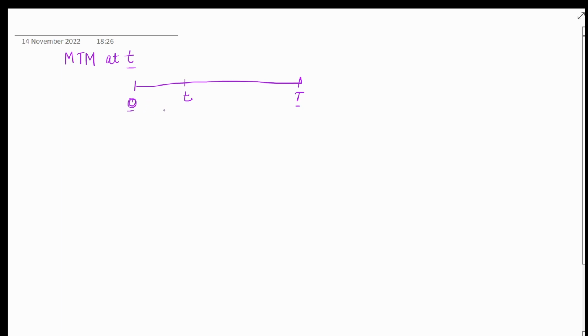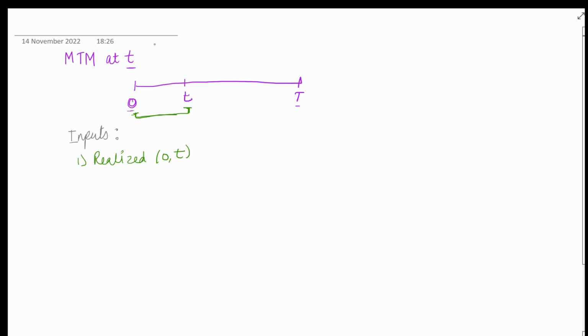To calculate the mark-to-market value of a variance swap, there are some inputs, which are as follows. First input is realized volatility. Realized volatility is the distance from here to here. This is the realized volatility, the actual volatility we know as of point T. This is the realized volatility from 0 to T.